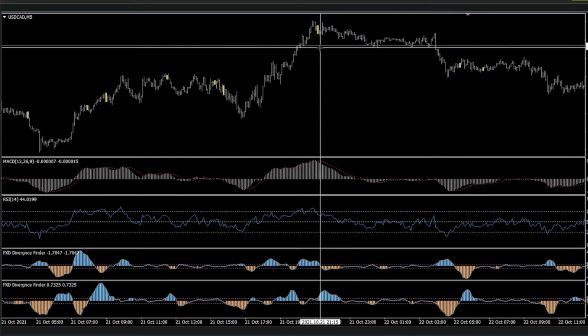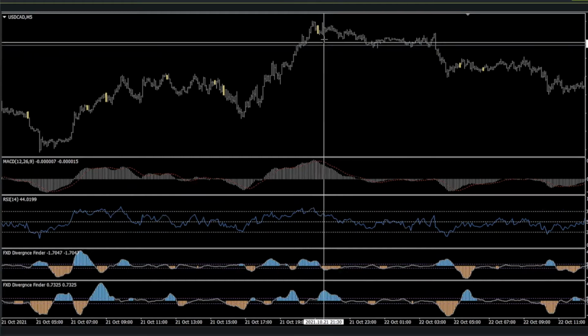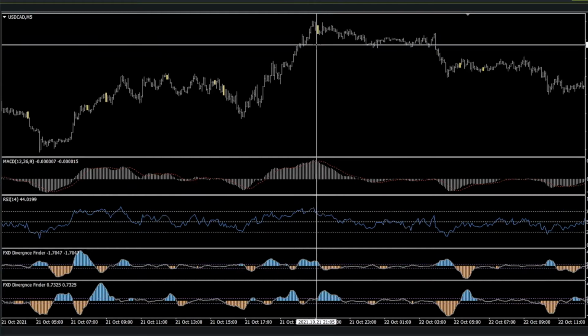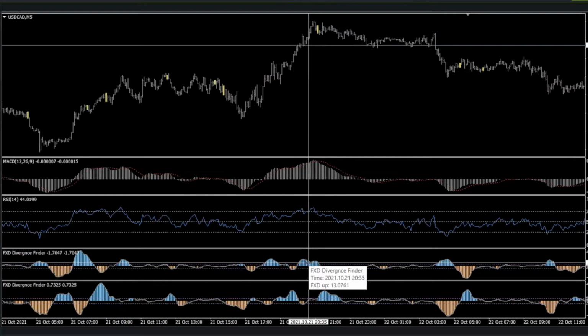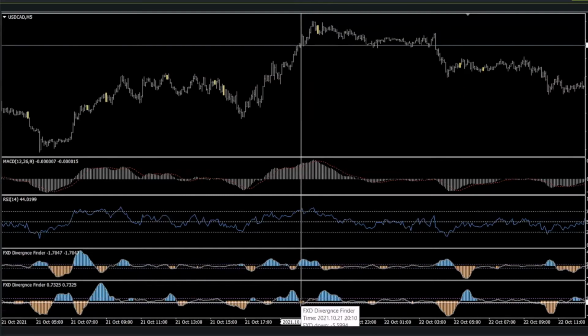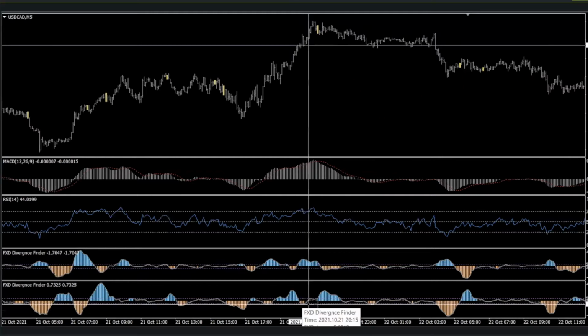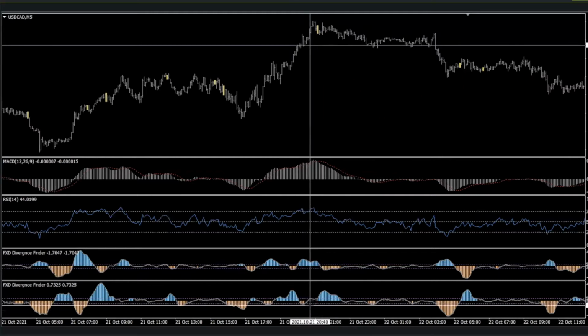Okay. Now, the second clue of a divergence on this level is to be found here. You have a blue, which means the uptrend, the bullish, and the orange, it means that we have a start of a divergence here.